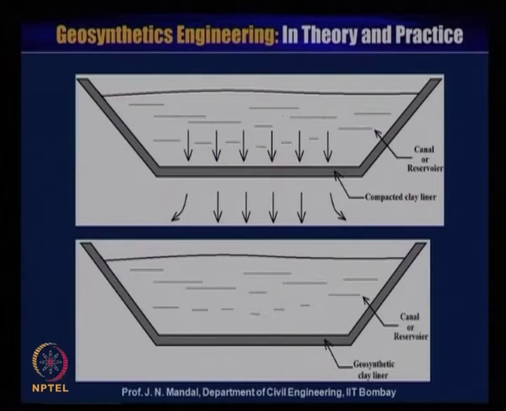In this slide, I am showing a canal or a reservoir, and this is the compacted clay liner. As an alternative to the compacted clay liner, now we place in this canal one geosynthetic clay liner. This is the geosynthetic clay liner.